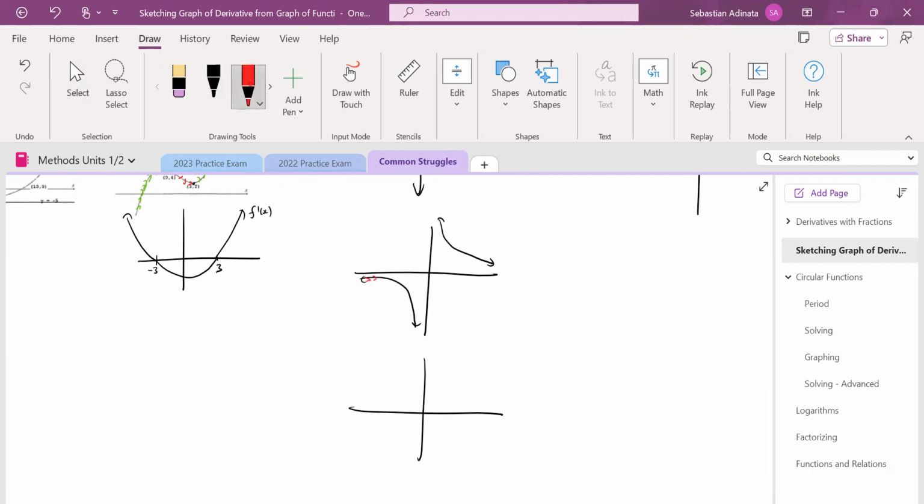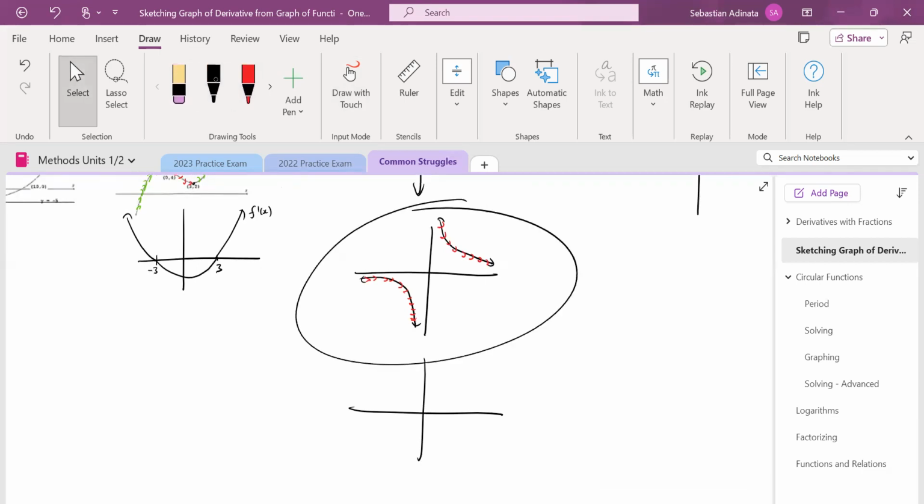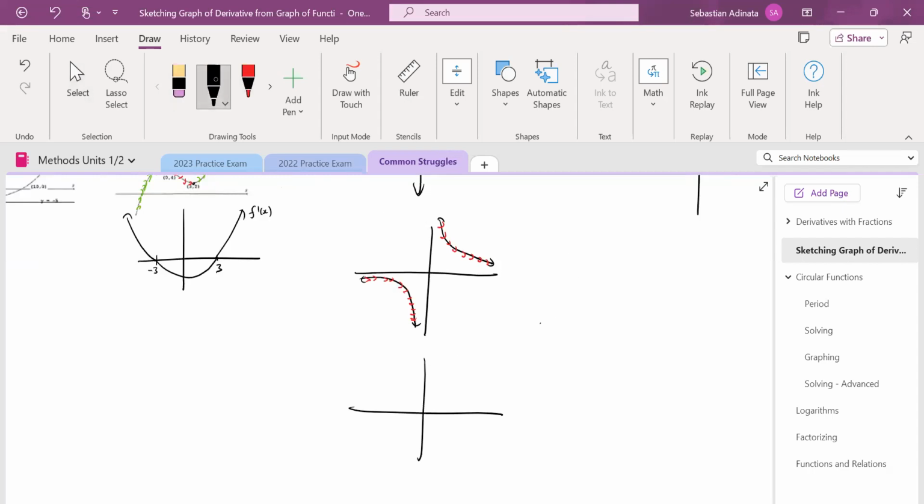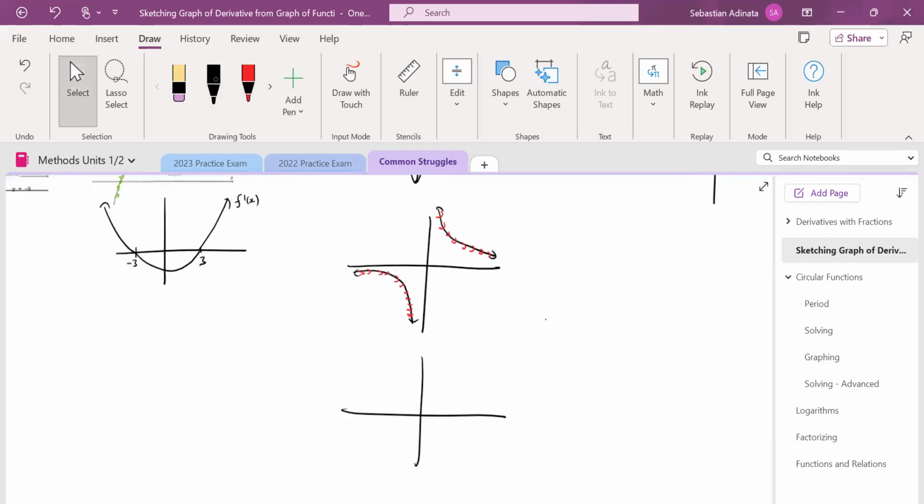From left to right, it's decreasing, and it never has an increasing gradient.